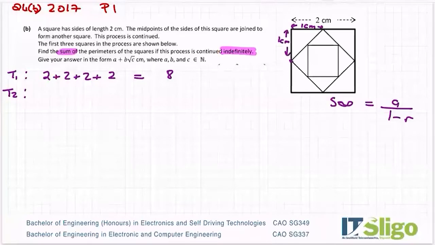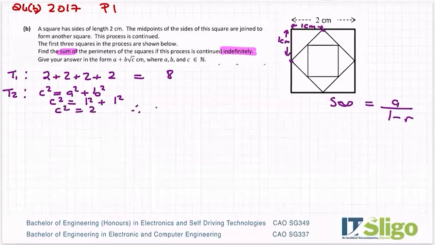And that's because it's told me the new square is going from the midpoints. So this is a right angle triangle. Squares have right angles, so I'll use Pythagoras' theorem. Okay, so c squared is equal to a squared plus b squared, or c squared is equal to 1 squared plus 1 squared, which is 2. Therefore, c is equal to root 2.